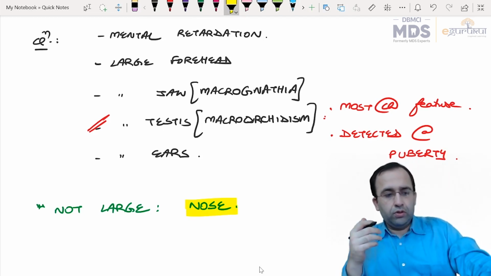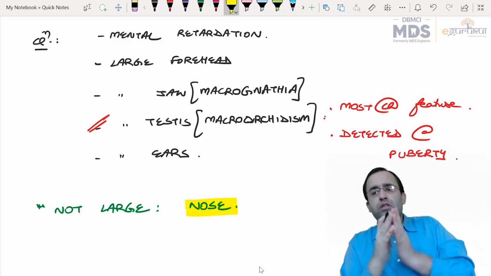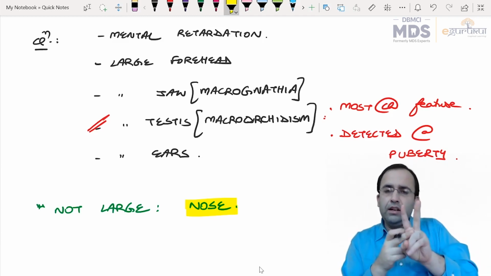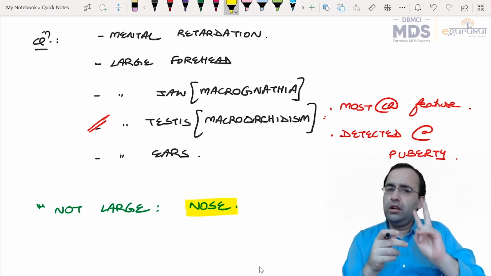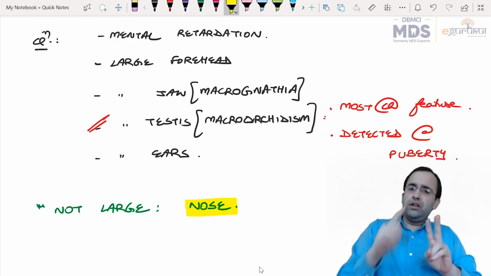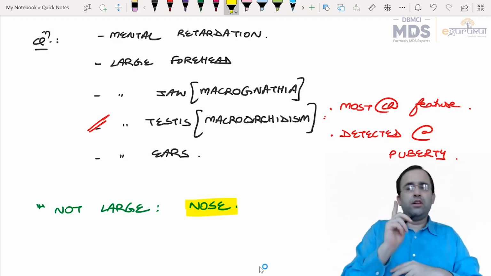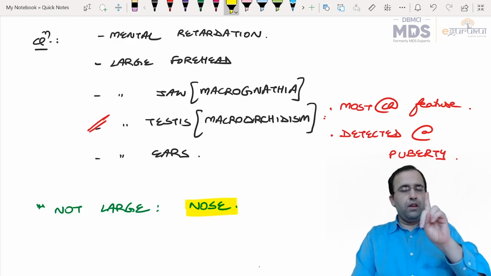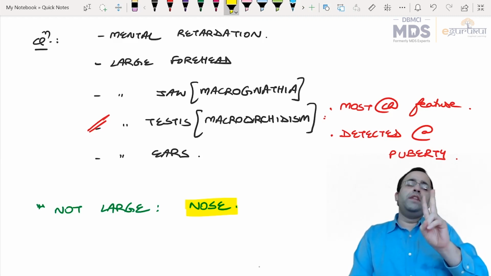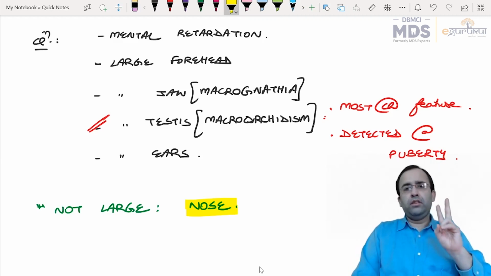Next point. So this finishes your second non-Mendelian inheritance, that is trinucleotide repeat diseases. The main trinucleotide repeat disease was Fragile X syndrome. We have seen 2 non-Mendelian inheritances till now. First was genomic imprinting, next is trinucleotide repeat disease.